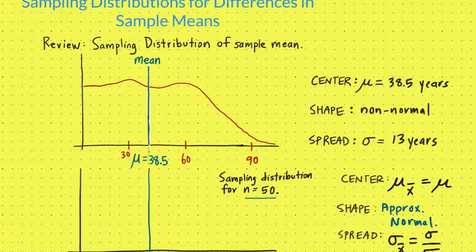That's why I wanted to give you that 13 up above, so we would have a starting point. Basically, as your sample size increases, your curve gets narrower, your standard deviation gets less, by a factor of the square root of n. So I would take my 13 and divide it by the square root of 50, and I would get 1.838. Let's just call it 1.8.